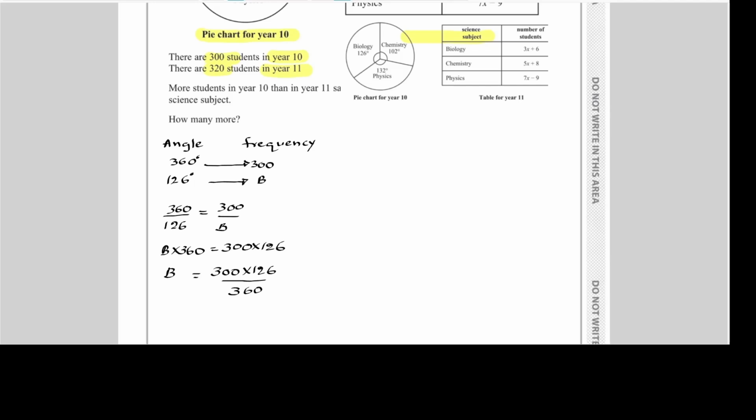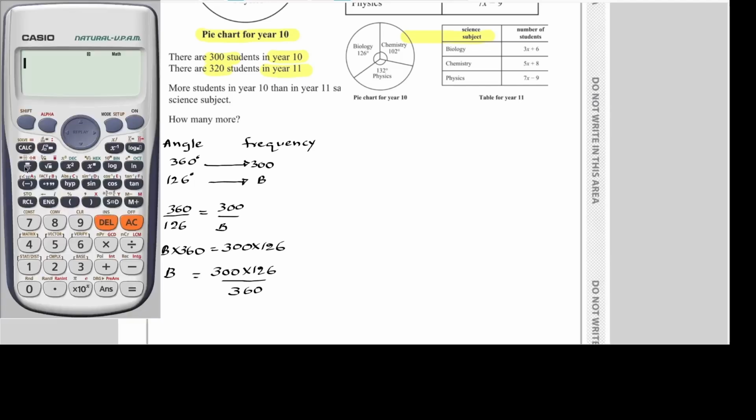So let's get the answer. 300 into 126 over 360 comes as 105. So we are getting the frequency for B, 105.